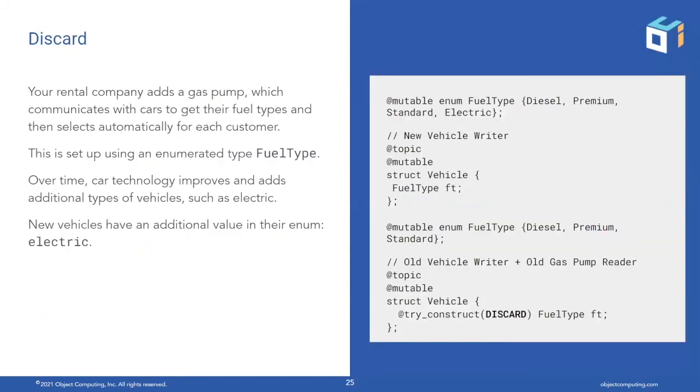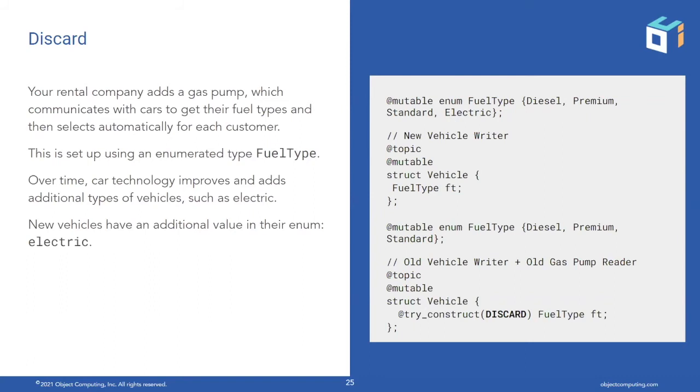So for each of the three values for this annotation, I've come up with a little story or scenario to talk about when you would want to use these. For discard, your rental company adds a gas pump, which will automatically select the fuel type for the car that is nearby the pump. And this is done using an enum, which the car's writer will send to the gas pump reader to say what fuel type it is.